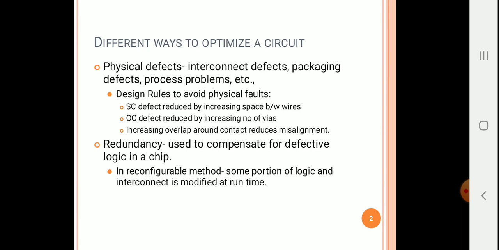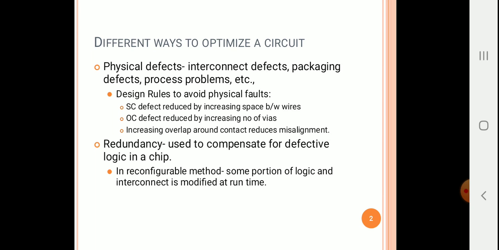Finally, overlap of contacts or interconnects can be made so that it reduces misalignment of the layers. The interconnects may be cascaded one over the other, so there may be a misalignment problem between them, which in turn causes short circuit or open circuit problems.